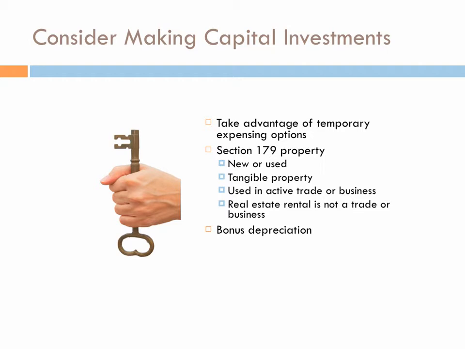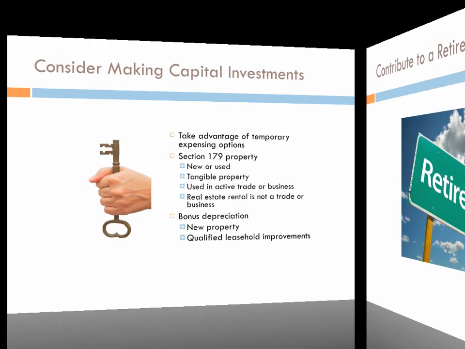Property qualifying for bonus depreciation for 2012 is generally new property with a recovery period of 20 years or less. This includes property such as equipment and furniture. Additionally, qualified leasehold improvement property placed in service during 2012 is also eligible for bonus depreciation expensing.